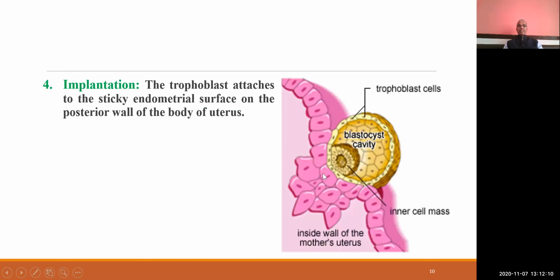This is implantation. Implantation means the trophoblast attaches to the sticky endometrial surface on the posterior wall of the uterus. Here this is the trophoblast, the blastocyst cavity and inner cell mass, and this is the inside wall of the uterus.